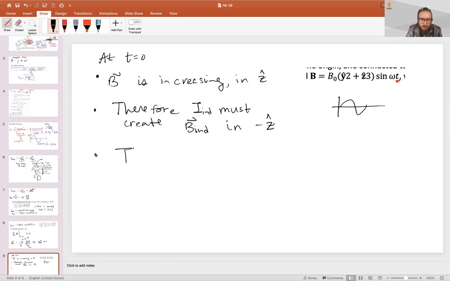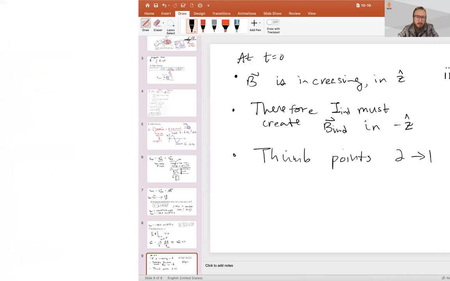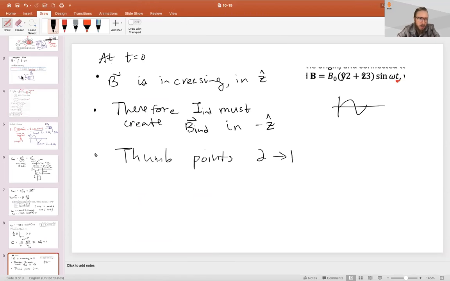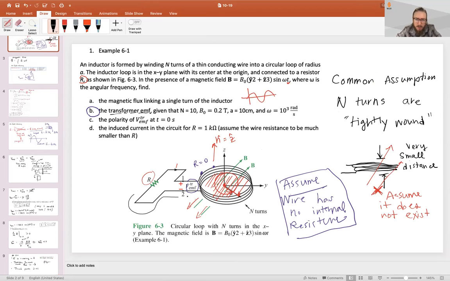So your thumb points from 2 to 1. Okay. And 2 to 1, right? This is backwards, right? We defined based on our Z, our DS, which was in the positive Z, right?